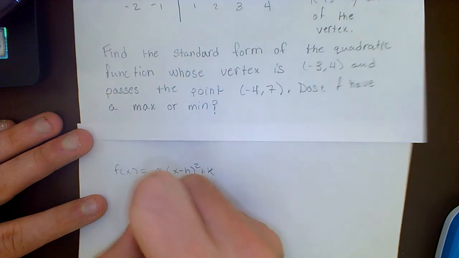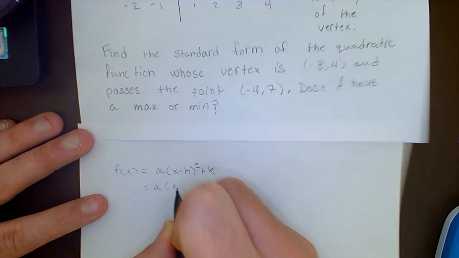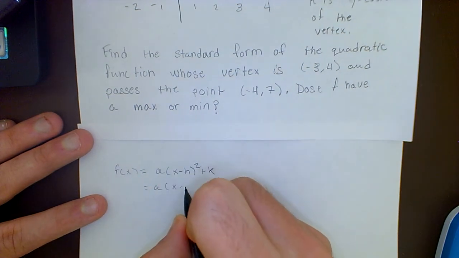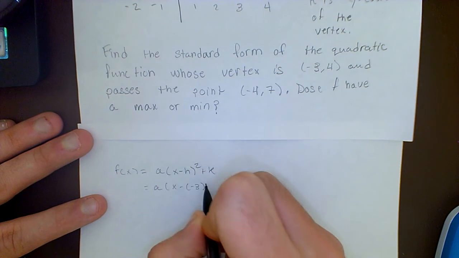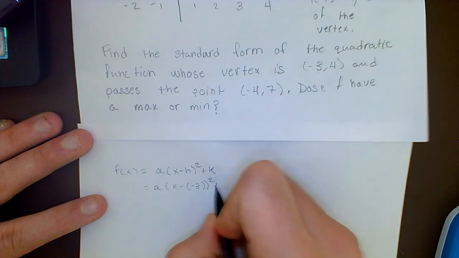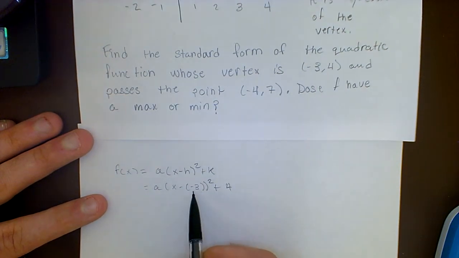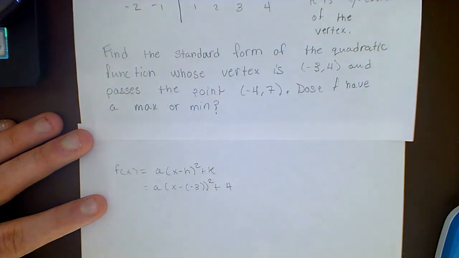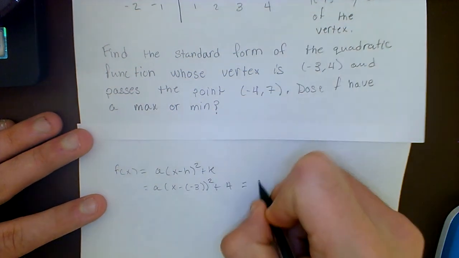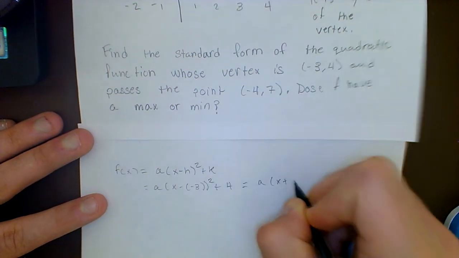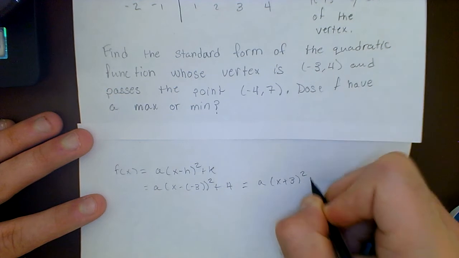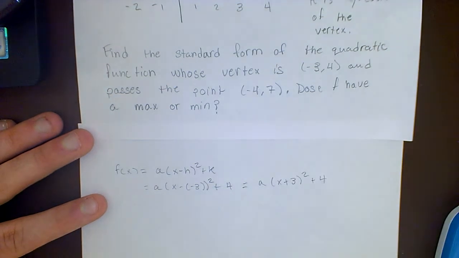So I can already start filling in my information here. H is -3, so I have to subtract -3 and add 4. Okay, so this is equal to a times x plus 3 squared plus 4.